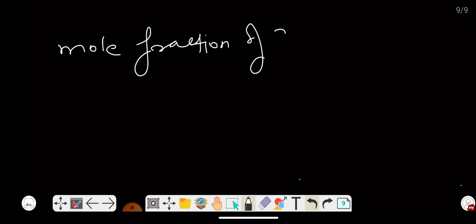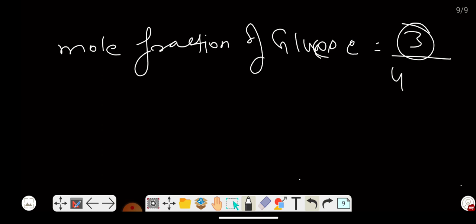This way the mole fraction of H2O can be calculated. And the mole fraction of glucose is equal to the number of moles of glucose, that is 3, upon the total moles. So this will be 3 by 7.